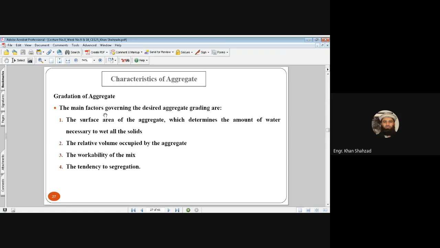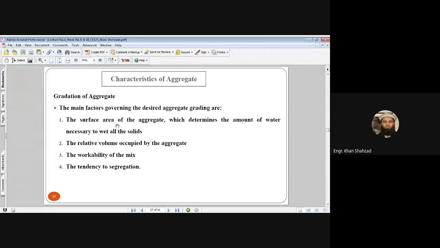The main factors governing the desired aggregate gradings are the surface area of the aggregates, which determines the amount of water necessary to wet all the solids. So I hope you remember that when we are using small size particles, it will need more water to wet the surface because of the higher surface area.